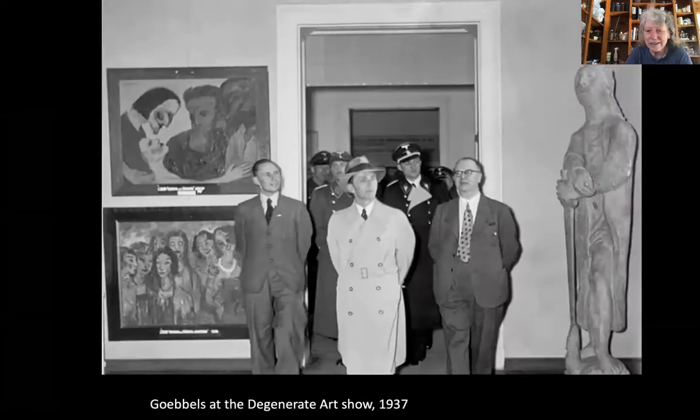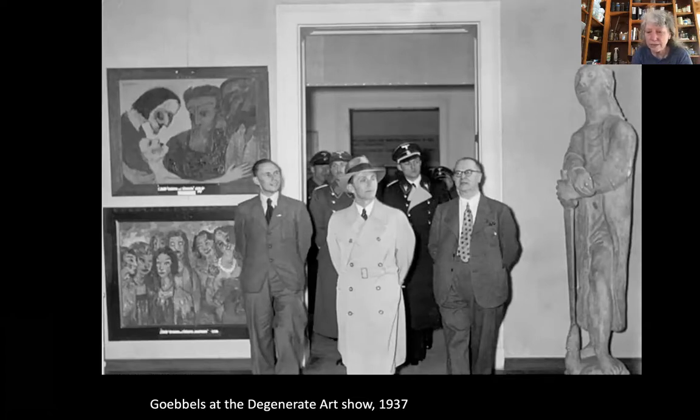Okay, while all this was going on, the Nazis were trying to stamp it out, basically. So this is Goebbels entering, he was Hitler's kind of art guy, entering the degenerate art show. Before the Nazis, the art in this show had belonged to various prestigious museums in Germany, but they seized 16,000 artworks.